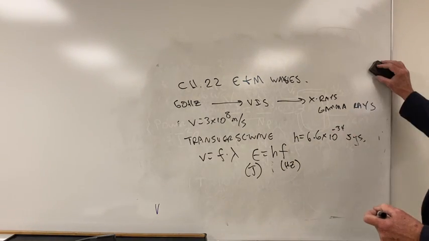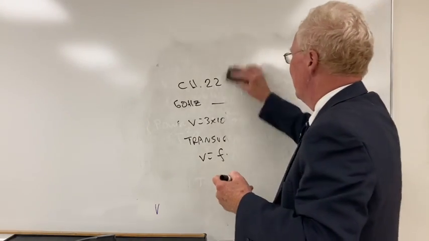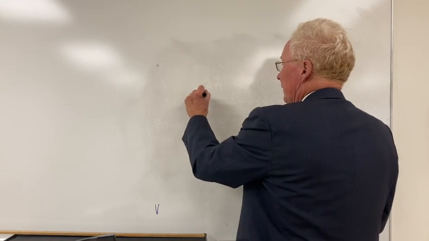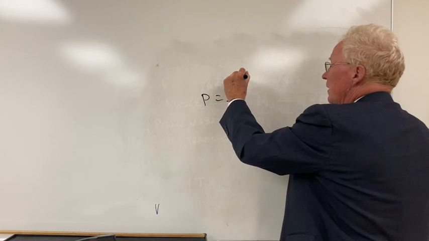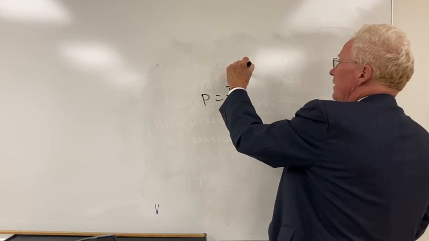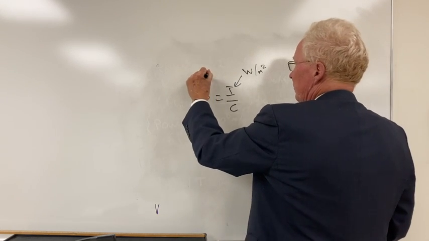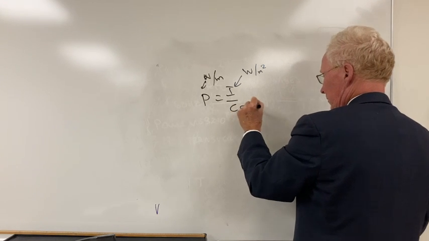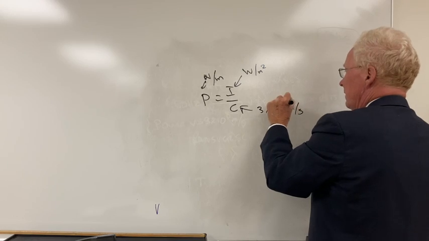Light produces pressure, and the pressure for a normal source is I over c, where I is the intensity in watts per meter squared, the pressure is in newtons per meter squared, and c is the speed of light, 3 times 10 to the 8th meters per second.